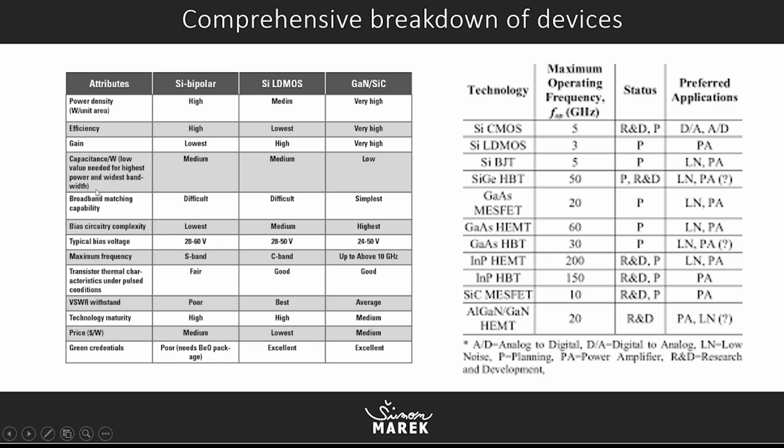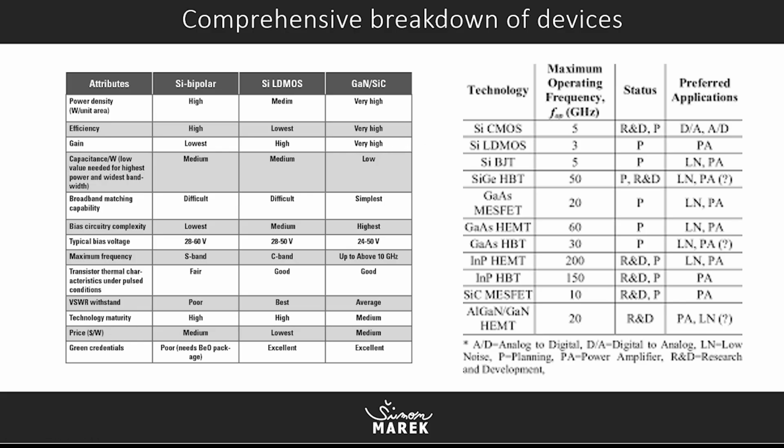Broadband matching capability is very important because you can see for silicon technology it is really difficult to match it, and nobody really wants to spend time matching your circuits. So this is really where gallium nitride is very good, and the gain is also very high for gallium nitride.